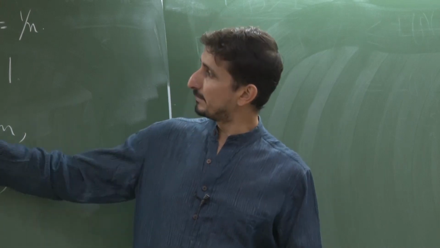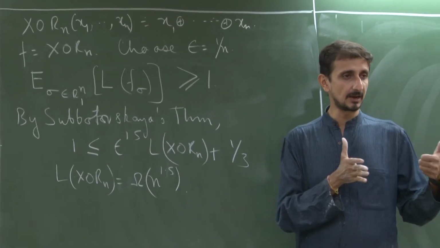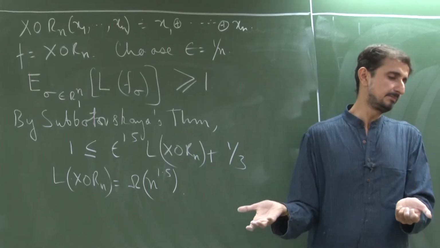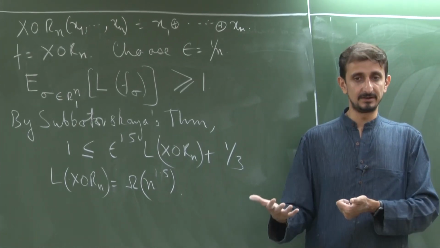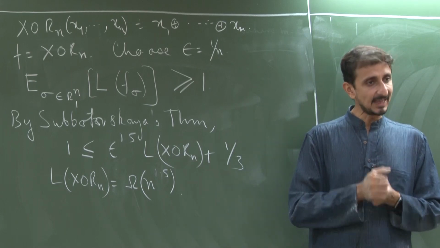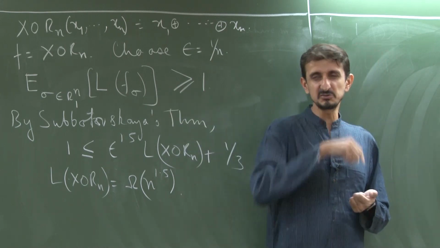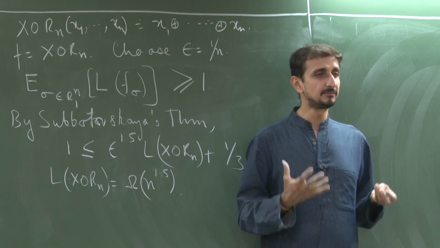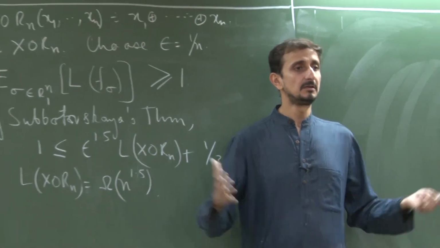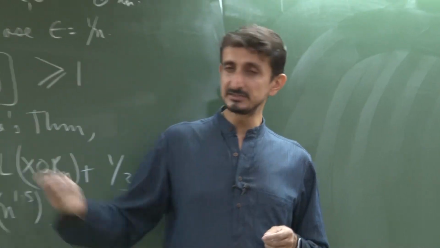What can happen is, for some function, if I restrict it to maybe half the number of bits, the remaining half bits are irrelevant. The function anyway goes to some constant 0 or 1. In that case, the expected size will be 0 for such a restriction, but those are very restrictive functions, which in some sense do not depend on half the number of variables. But parity is one function which depends on each and every bit.